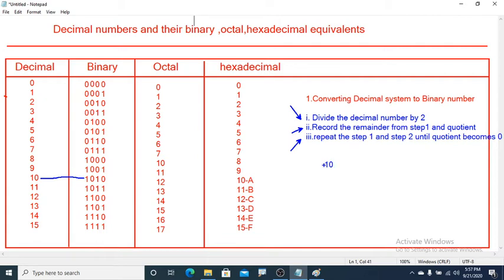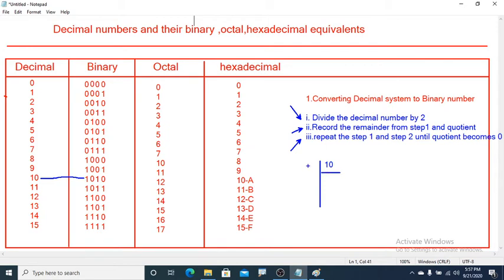Now I will divide this number by 2. Wait some time, give some time.